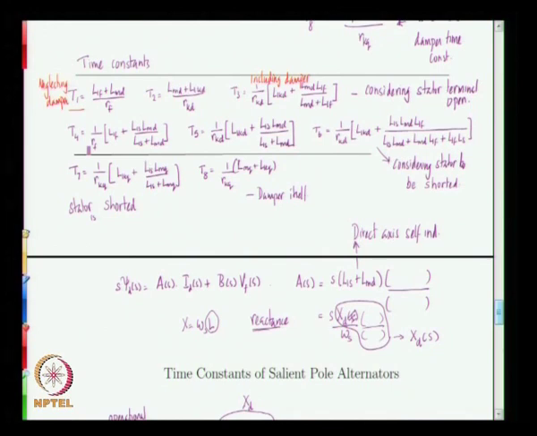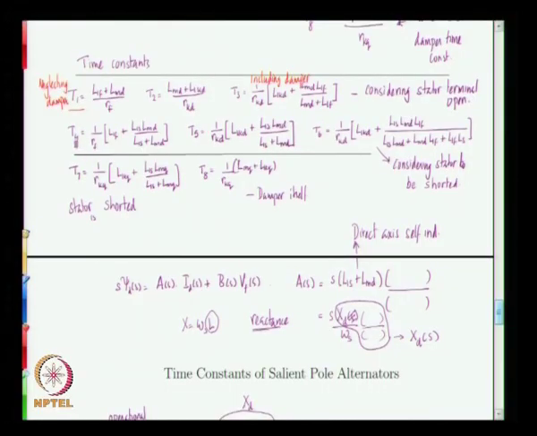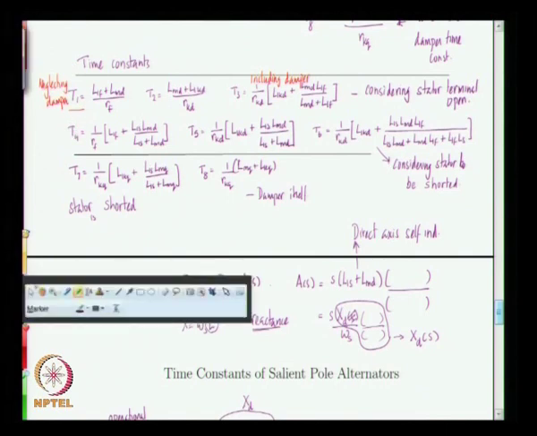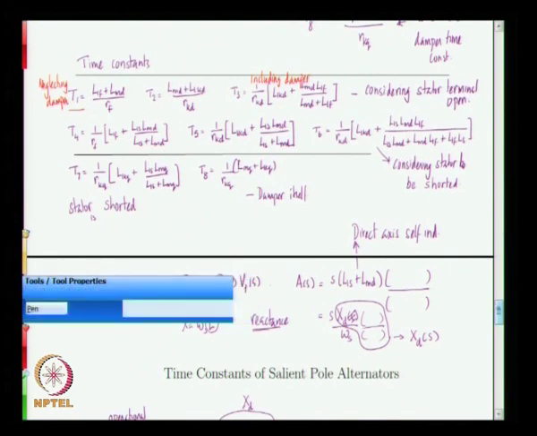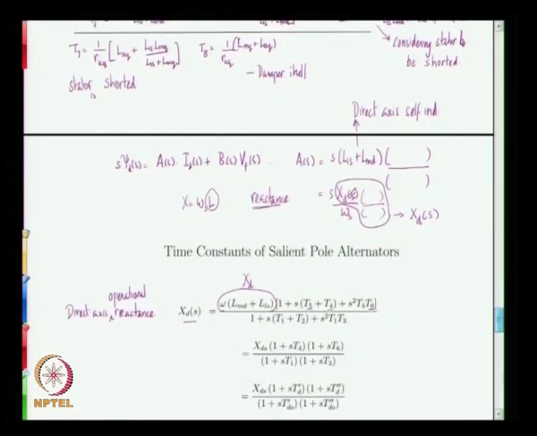Now normally in alternators RKD is considerably larger than RF, and therefore both the terms T5 and T6 are really negligible compared to T4, and therefore we can say that T4 plus T5 is approximately equal to T6 plus T4.